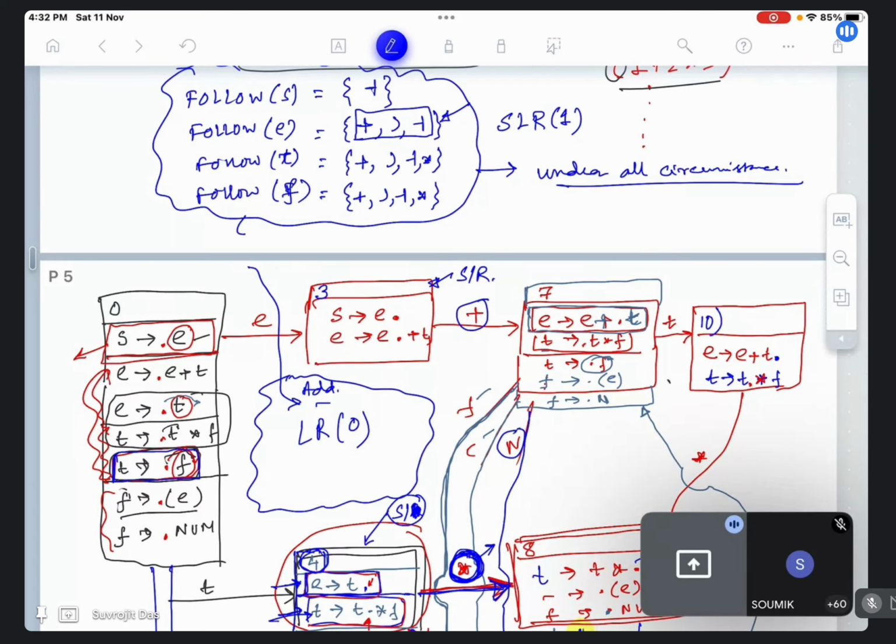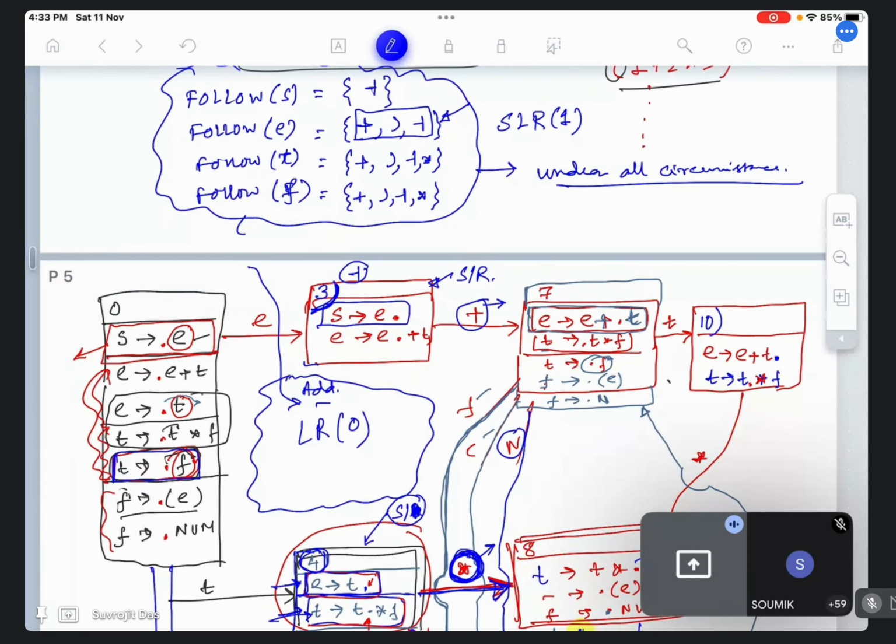You have E dot and E dot T, but by construction, in state number 3 I also decide on the right end marker. So since you are giving that extra information, if you see a right end marker you straightforwardly reduce, right? And that right end marker is not interfering with the plus decision.